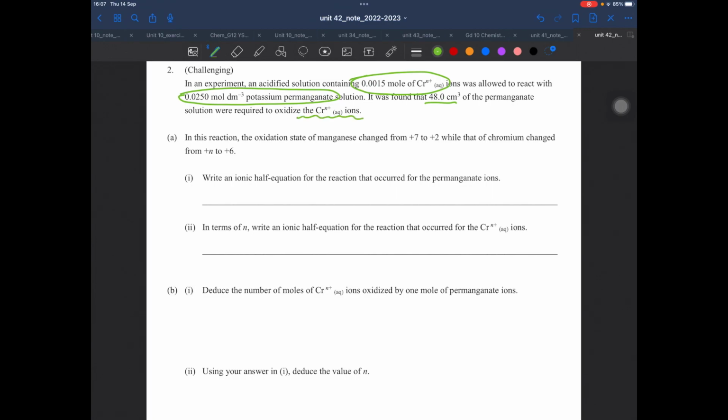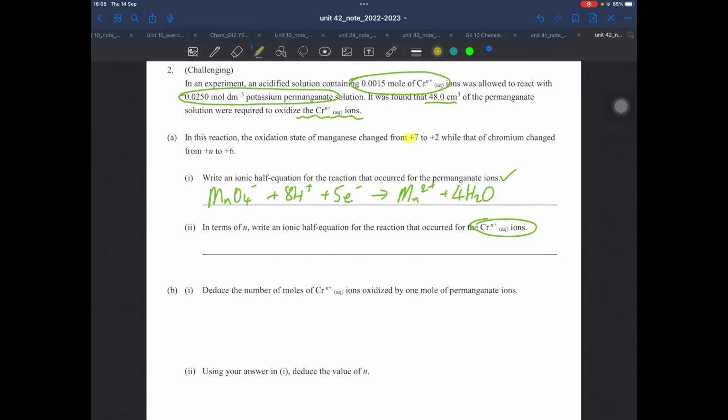First of all, the half equation for the permanganate ion is easy. Here it shows. I'm sure you have done this many times before, right? The second one is a bit complicated. Don't be scared by the unknown n, because information is given here.